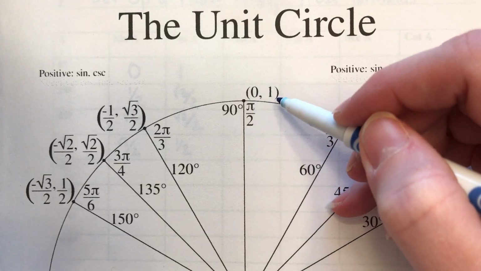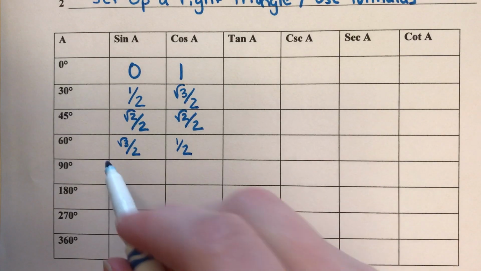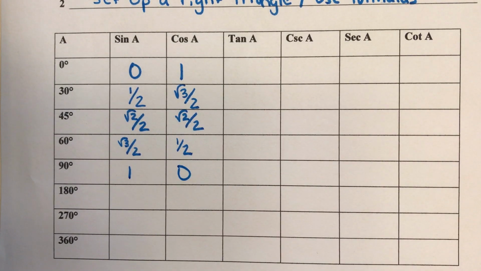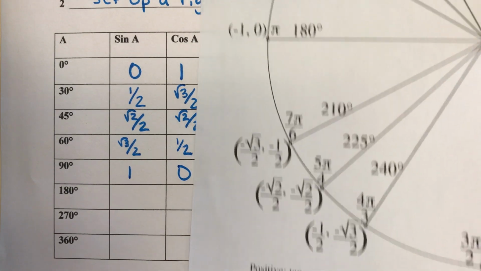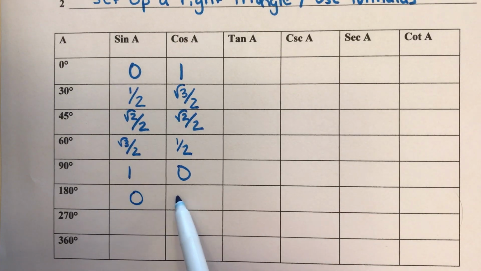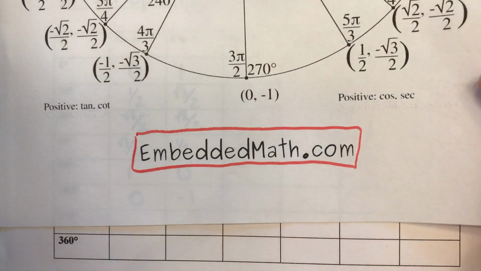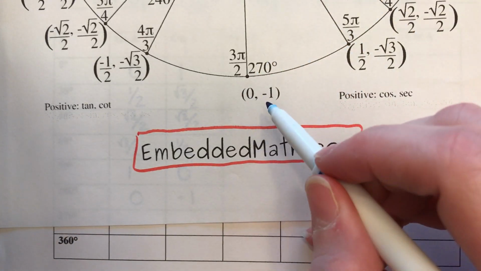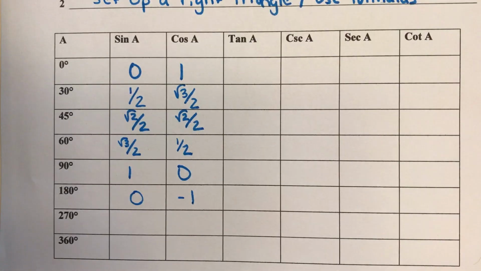Cosine is 0, sine is 1. 180 is over on the left side here. Cosine is -1, sine is 0. 270 is at the bottom. Cosine is 0, sine is -1. And then 360 is the same as 0, so 0, 1.